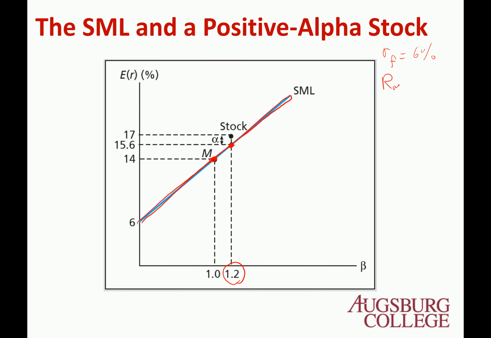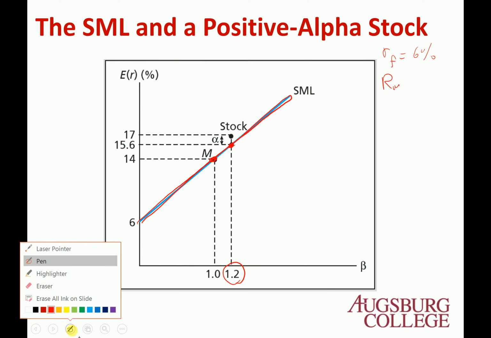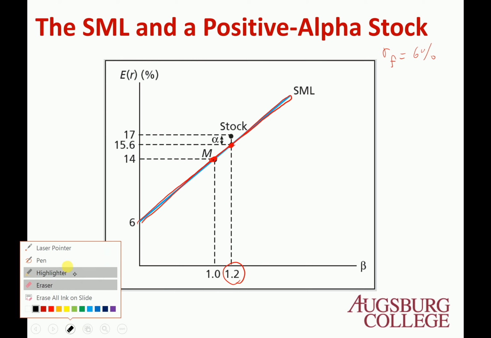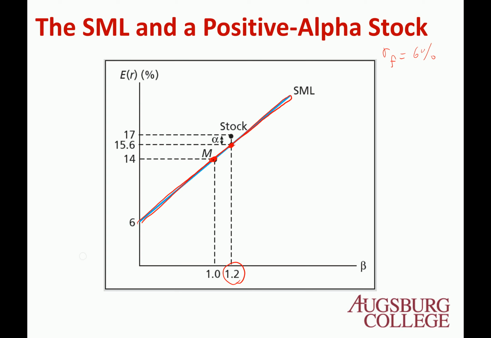The market actually returns, not risk premium, so the market return is 14%, right? That's the expected return on market. And we know that if the beta equals 1, then the market return should still be 14%.